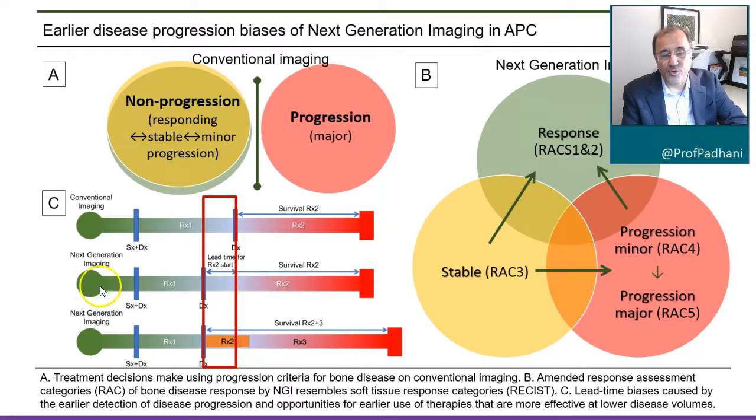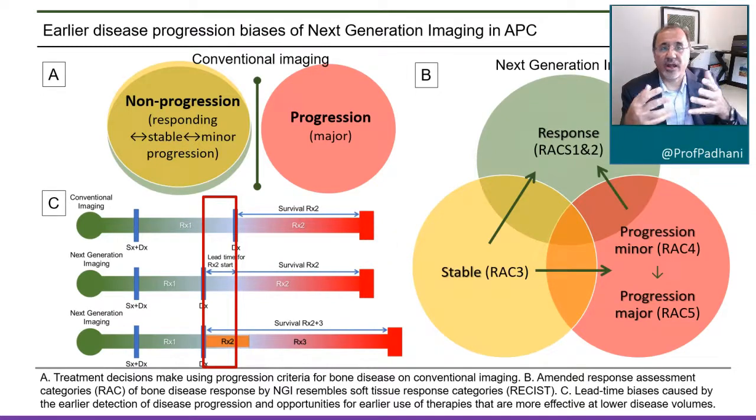Okay, so if you use next generation imaging and you diagnosed here using conventional imaging, but you detected progression at this point using next generation imaging, and again, if you use the same treatment and you have the same survival, then this apparent improvement by the use of next generation imaging detecting progression earlier, in fact, this is lead time bias because overall the patient didn't live any longer.